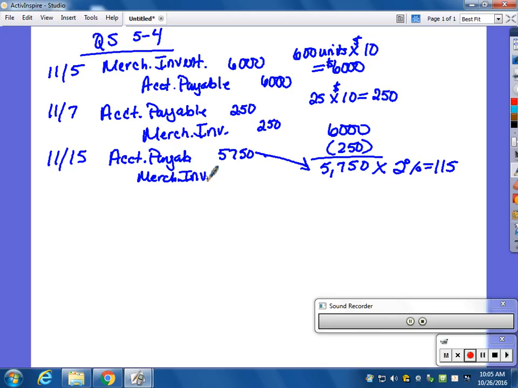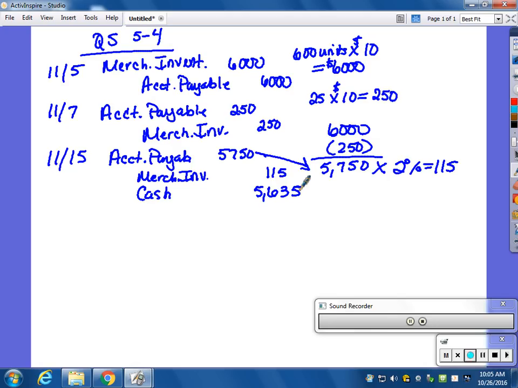And then also a credit to what else? Cash, right? Because that's what you pay. You're paying the bill off. So how much do we put to merchandise inventory? $115, which was basically the discount, right? And how much for cash? $5,635. Good.